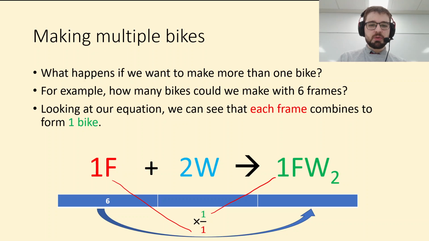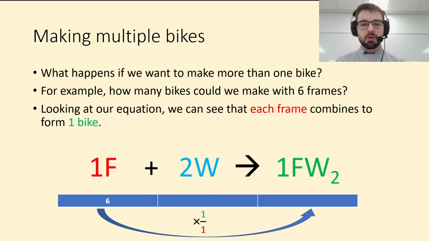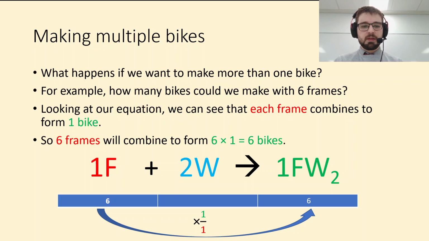Or you can think about it as a ratio. There's a few different ways we can think about it. As a 1-to-1 ratio of frames to bikes. So therefore, the number of bikes is going to be equal to the number of frames. So if we've got 6 frames, we could make 6 bikes out of those 6 frames.